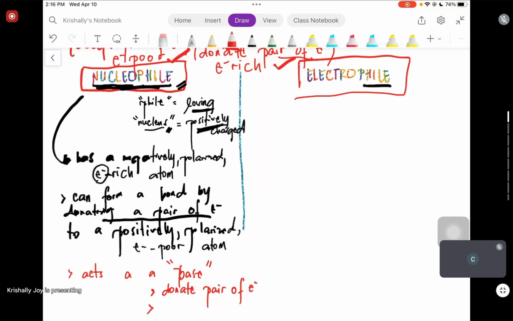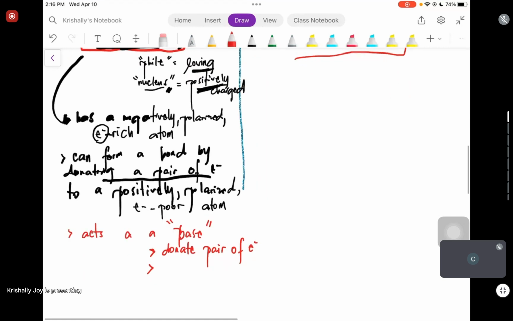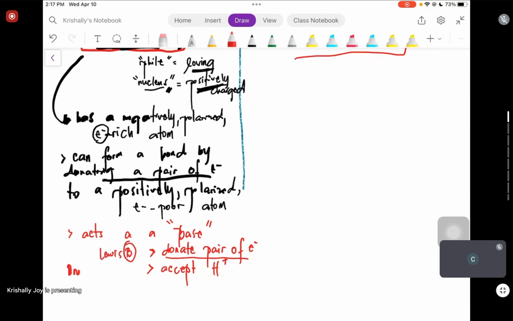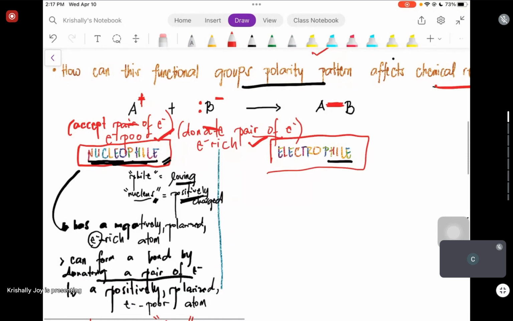Or based on the Bronsted-Lowry theory of a base, it is able to accept a proton. So that's how we define a base, and it is somewhat correlated to a nucleophile. Both are the same. Okay, next.